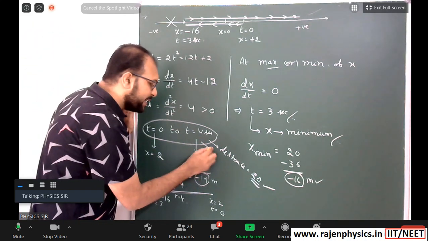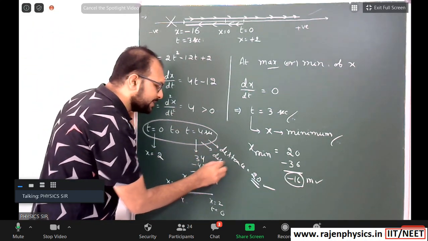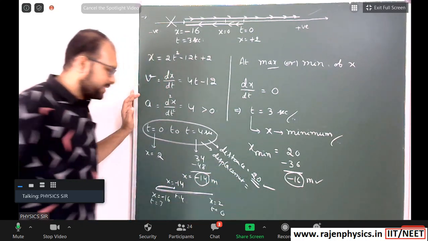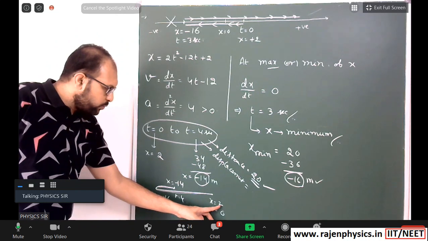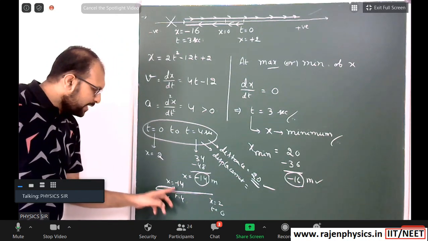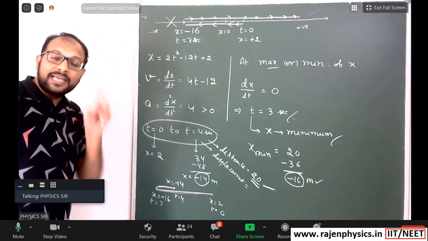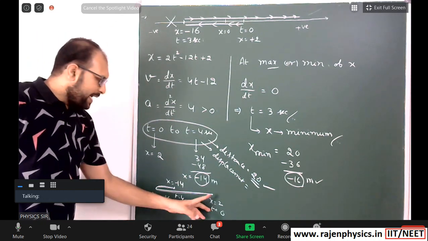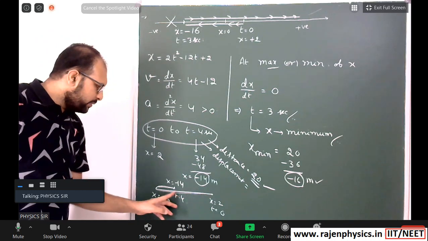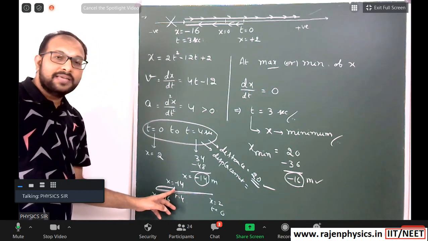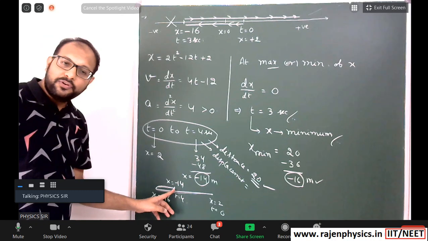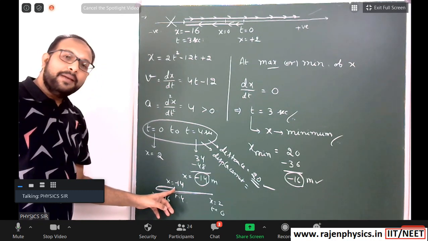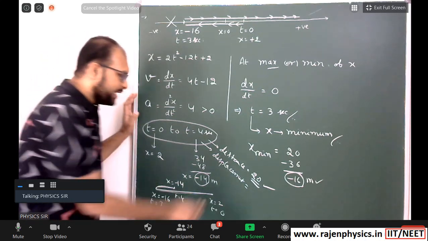But displacement: x equal to 2 to x equal to minus 14, because displacement is final position minus initial position. Final position minus 14, minus initial position plus 2, so minus 14 minus 2 is minus 16.